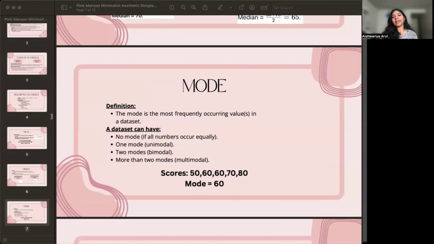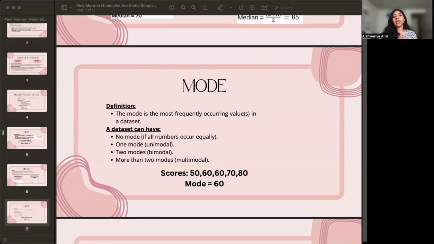Mode is the most frequently occurring value in the data set. For example, you can consider the retail industry, because in retail, mode is majorly used to find out which is the popular product or which is the maximum size sold.